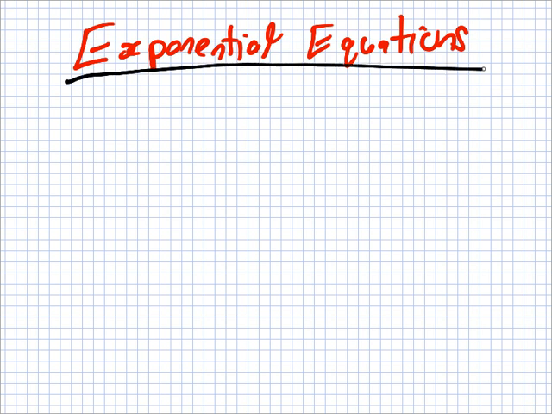So, exponential equations. In this lesson, we're going to look at using our rules of indices to solve some exponential problems. Let's have a look at some examples. Say we have something like 2 power x minus 1 equals 8 power minus x minus 3, and we want to solve this.